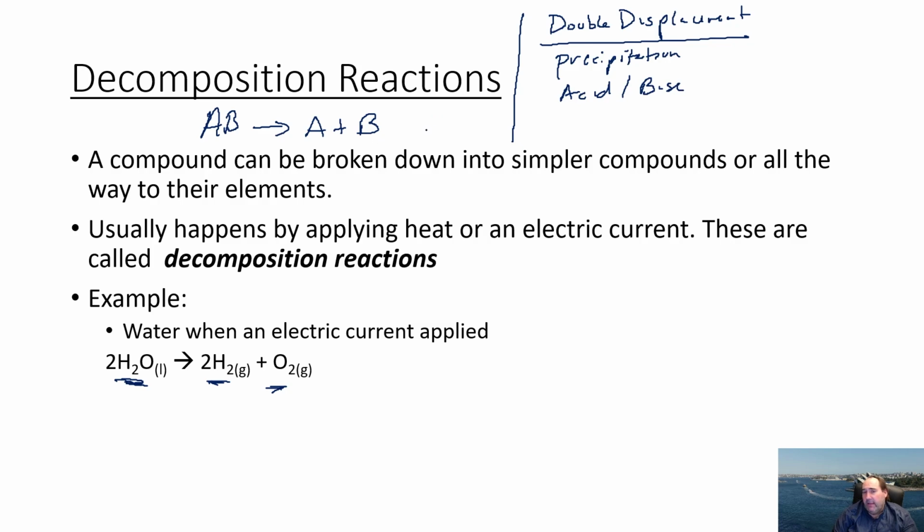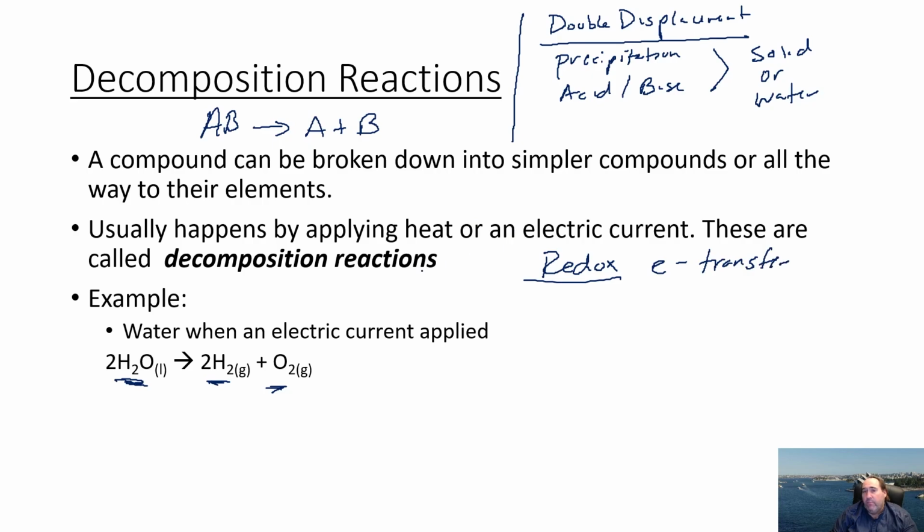And again, these are the ones that account for two of the three reasons why a reaction takes place: solid being made or water being made. All other reactions pretty much fall under the big umbrella of redox, which is our electrons being transferred.